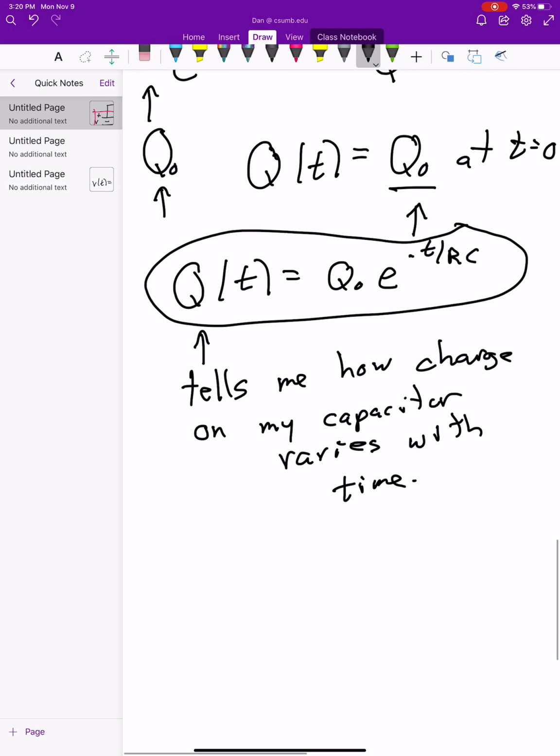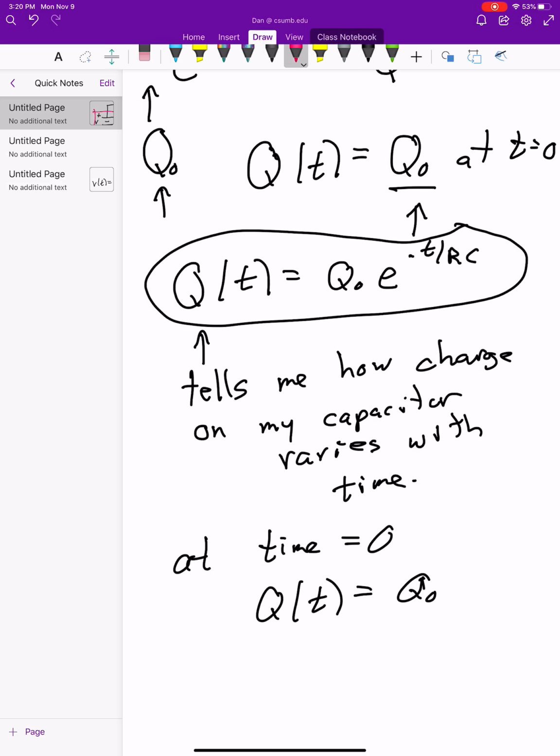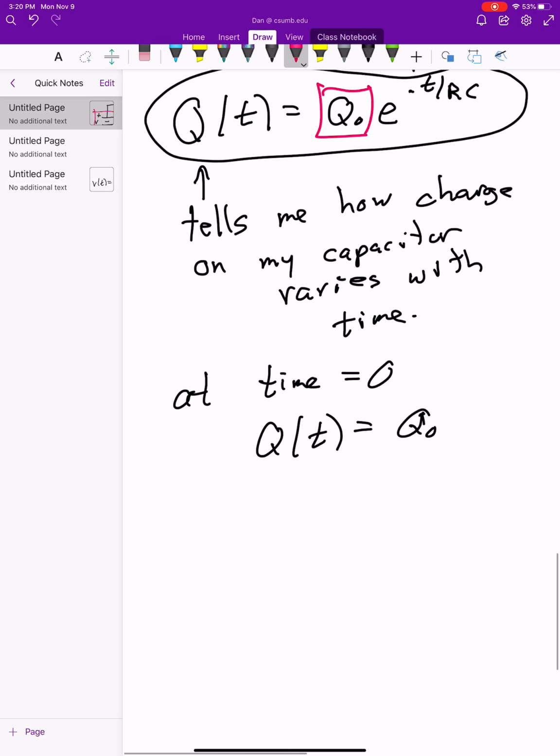Now usually, and as I said, at time 0, it's my initial value Q0, which is this up here. Usually, we're not that able or interested to find the charge. We're more interested in the voltage.